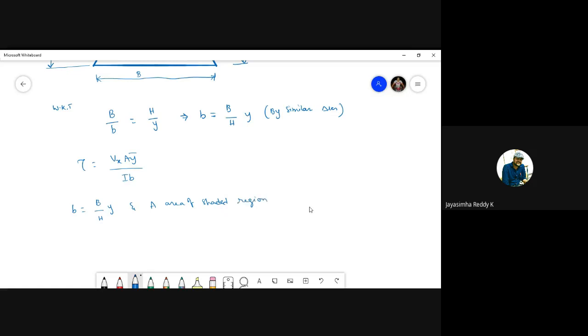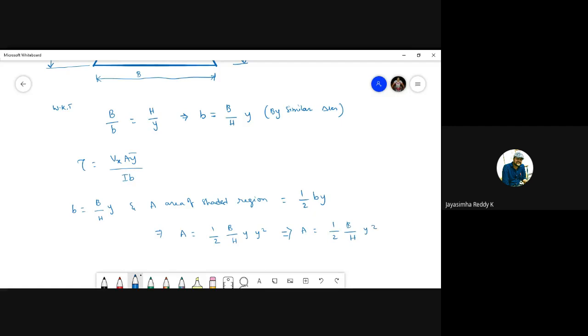So the area of the shaded region becomes half into base into height, half b h. Now substitute b is equal to capital B by capital H into y in this area, so that the area becomes half into B by H into y, and on substituting, y squared comes. So this implies area is equal to half into B by H into y squared.